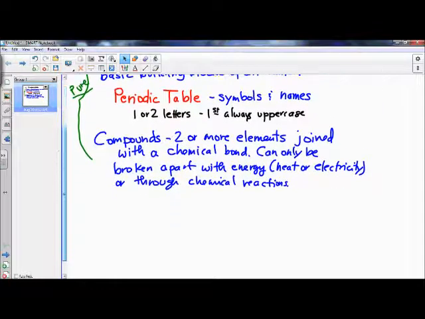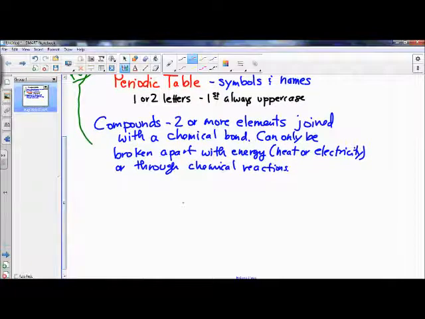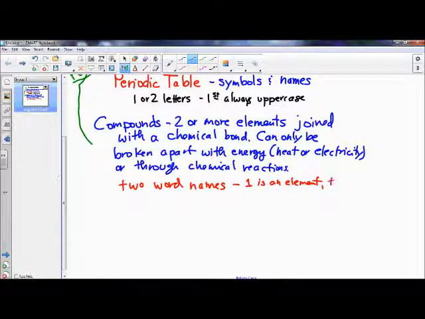Now, compounds can be a little bit more challenging to identify. Okay, the first thing is that compounds usually have, but not always, 2-word names. If they have 2-word names, one is an element right off the table.